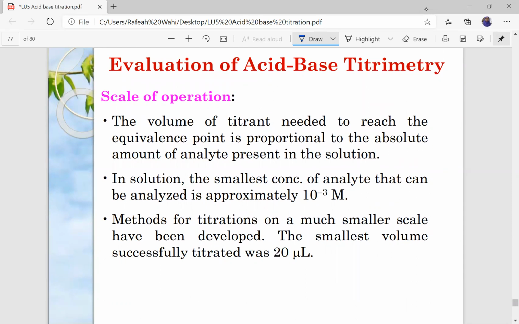So in solution, the smallest concentration of analyte that can be analyzed is approximately 10 to the power negative 3 molar. So methods for titration on a much smaller scale have been developed. So the smallest volume successfully titrated was 20 microliter.